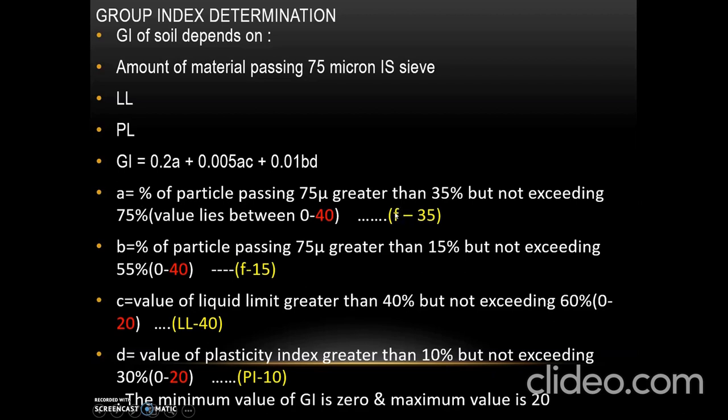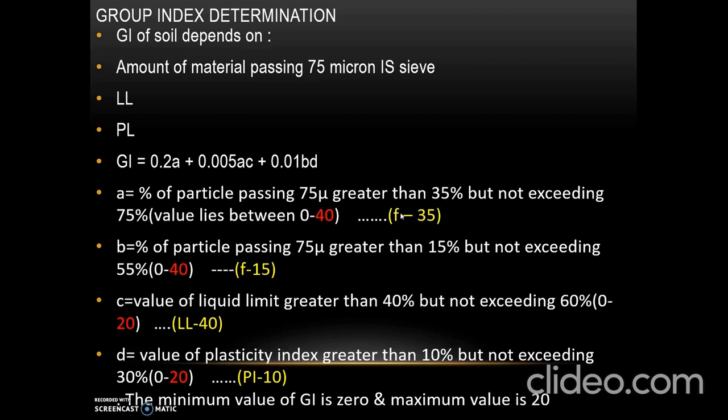Here we have used F just to remember that there are 4 letters in the equation, that is A, B, C and D, and the next letter used is F. So now we can find the value of A using the equation F minus 35.